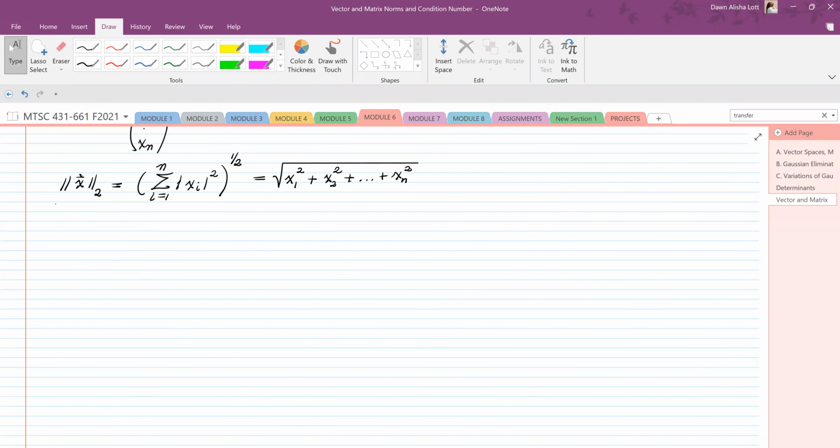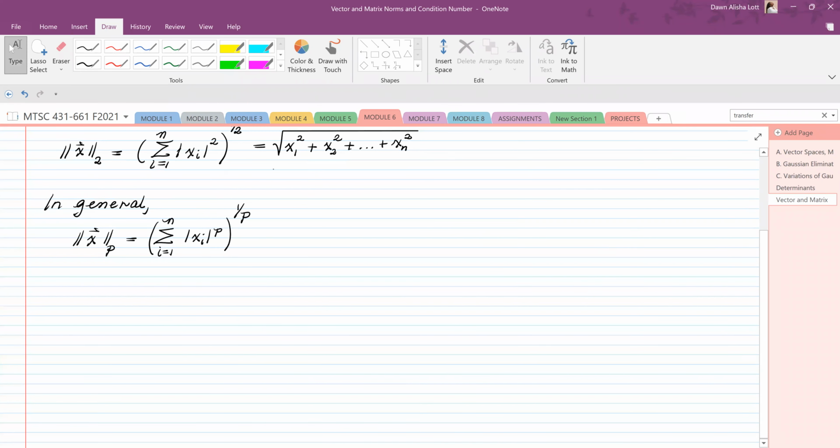In general, there are other norms. We have the p norm. That's the sum from i equals 1 to n of the absolute value of xi to the p, all to the 1 over p power. Here 1 is less than or equal to p, which goes up to infinity.